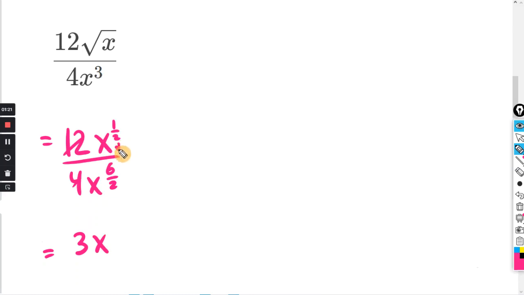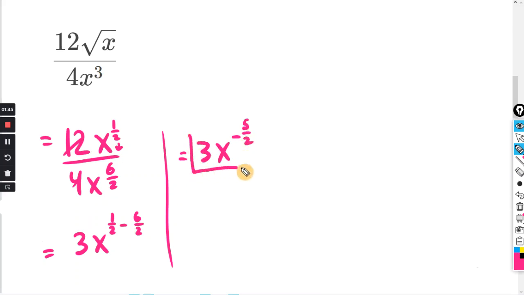So that's going to be 1/2 minus 6 halves for the exponent. And of course, we have our 3, we have our x, and 1/2 minus 6 halves is going to be negative 5 halves. Final answer.